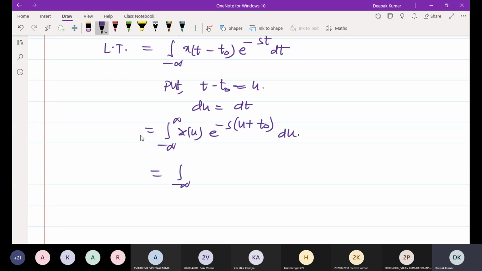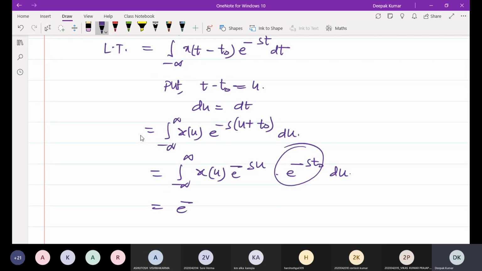And so by simplifying this expression, x of u e to the power minus s u into e to the power minus s t naught into du. Further simplified, this expression is constant with respect to u, so keep it outside the integration.